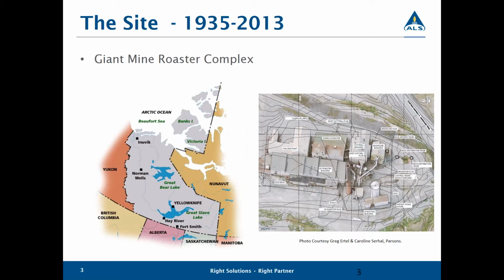Almost 10,000 ounces of gold were produced in 1 year, in 1948 alone. And it produced approximately 237,000 tons of arsenic trioxide, which is currently permafrosted in caverns under the mine. It's reported to be enough arsenic to kill everyone on the planet.